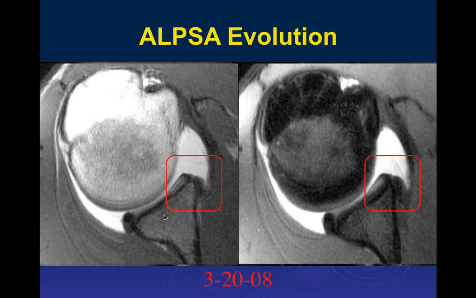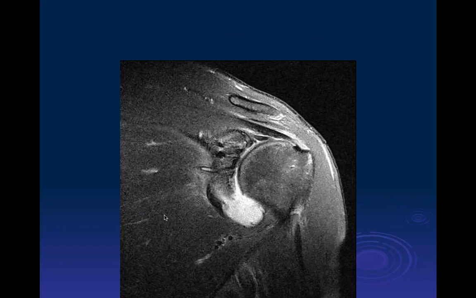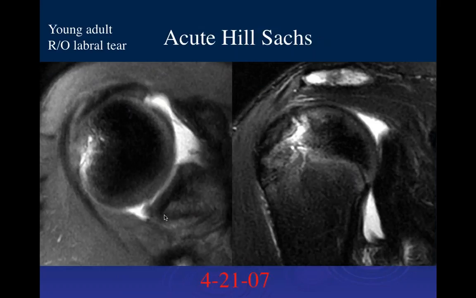Did they know if they tightened the capsule? I don't know if they tightened the capsule or not, John. I don't think I have the post-op images. Okay, because that probably wouldn't work. It would still be loosened. I mean the Bankart. If they did a Bankart, those usually probably need a bony procedure, I would think.